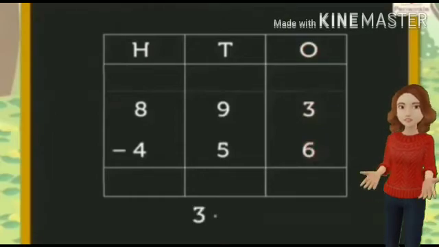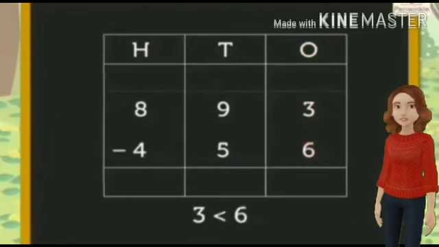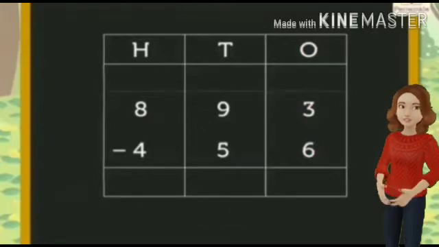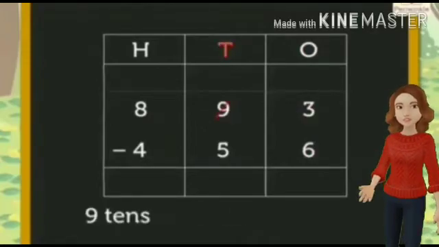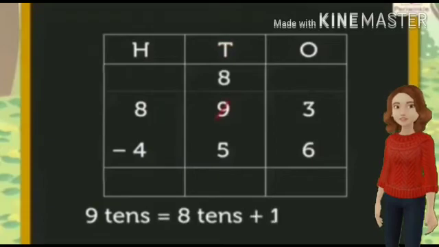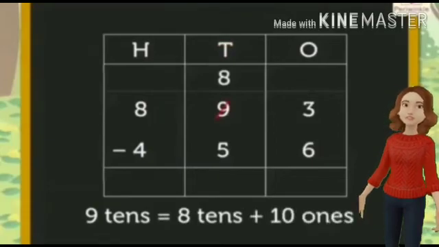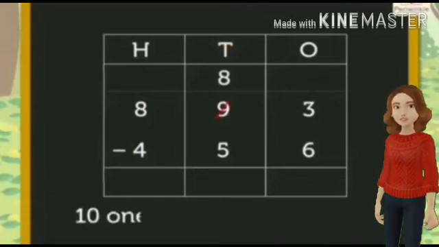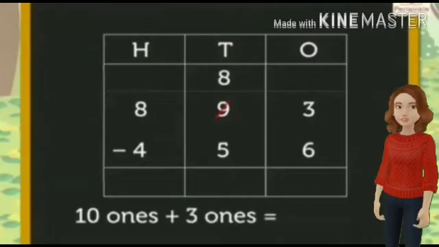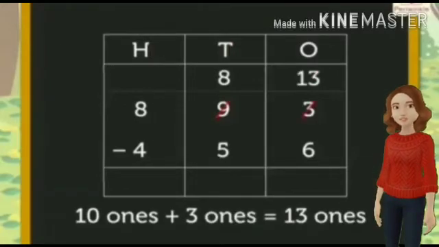Subtract the ones, that is 3 minus 6. As 3 is lesser than 6, we regroup the 9 tens as 8 tens plus 10 ones. Now we have 10 plus 3 is equal to 13 ones.